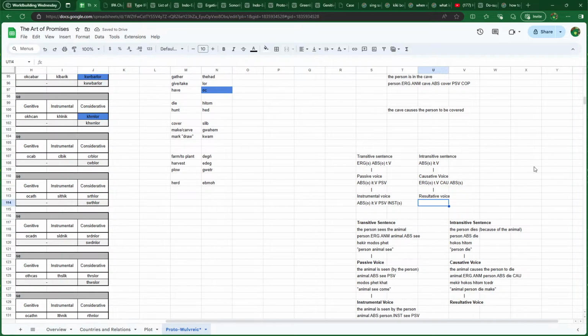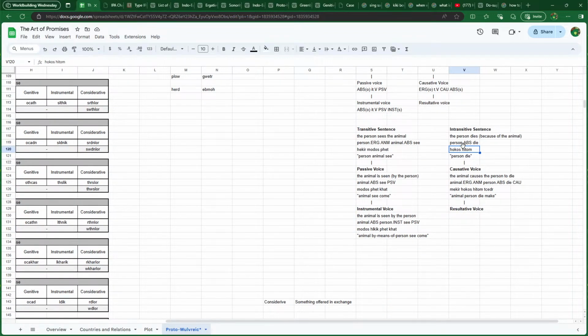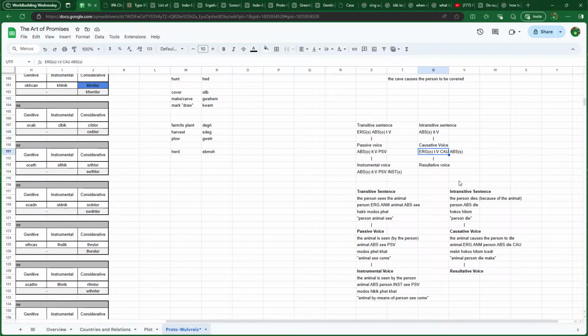So we now have, we turn this into the passive voice because, wait, right? Because the original subject becomes the object in the causative voice.